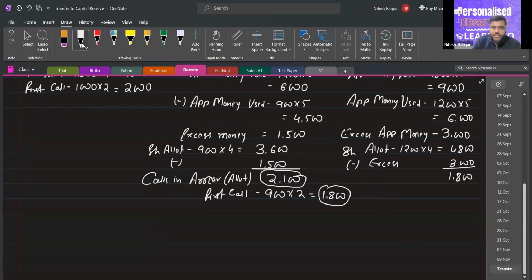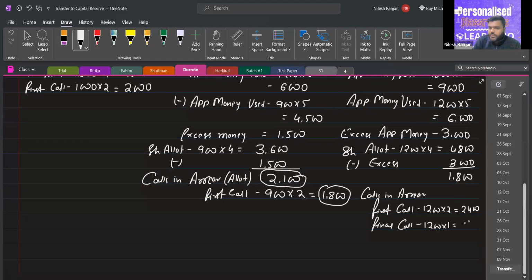Only calls in arrears related to him are on first call and final call. So 1200 into 2, 2400, and 1200 into 1, 1200. Tell me, is this clear?